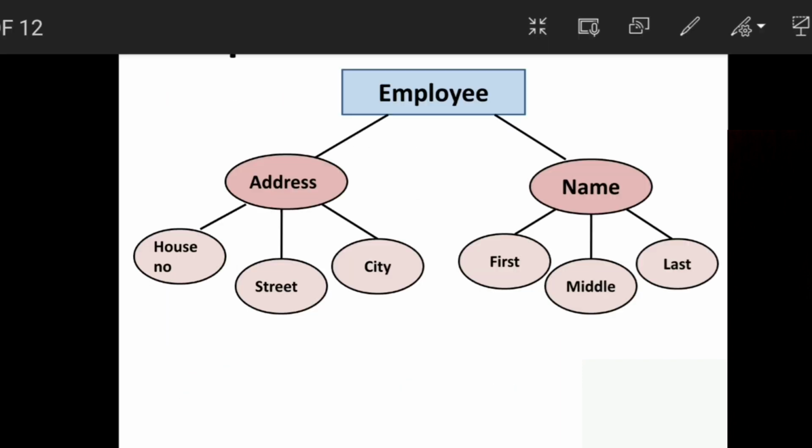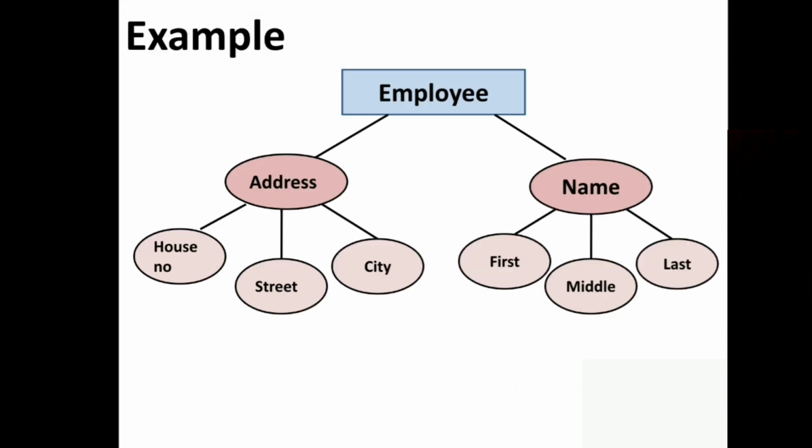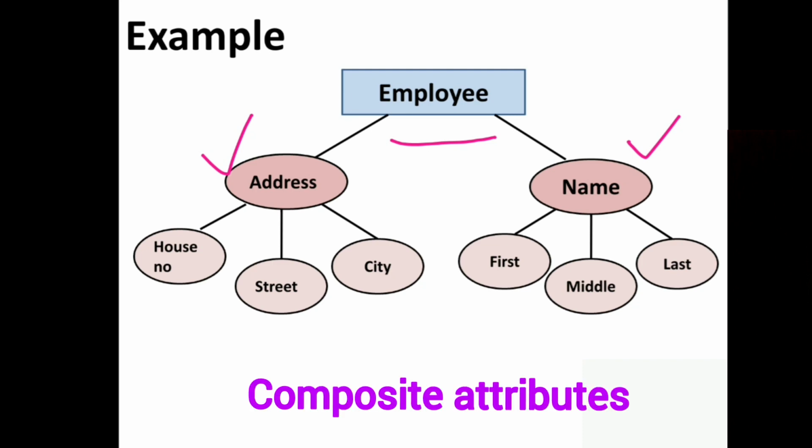Now let's look at the example. Here we can see an employee entity. So here an attribute like address of an entity employee, and name of an employee, are examples of composite attributes, because address can further be divided into subparts like house number, street, city, right?